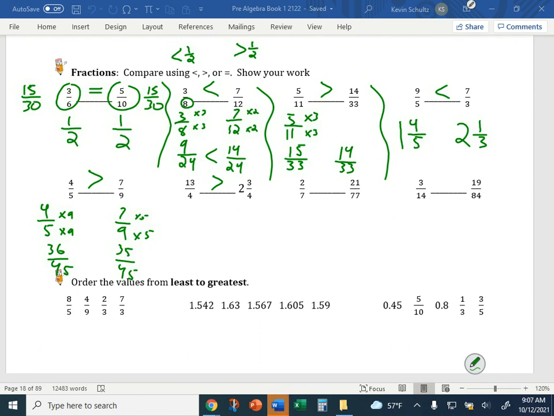Like 13/4 and 2 3/4, you already have a denominator 4. So how would you use that to help you make your determination? Did you maybe convert them both into mixed numbers or into improper fractions? Okay. Okay. Griffin.